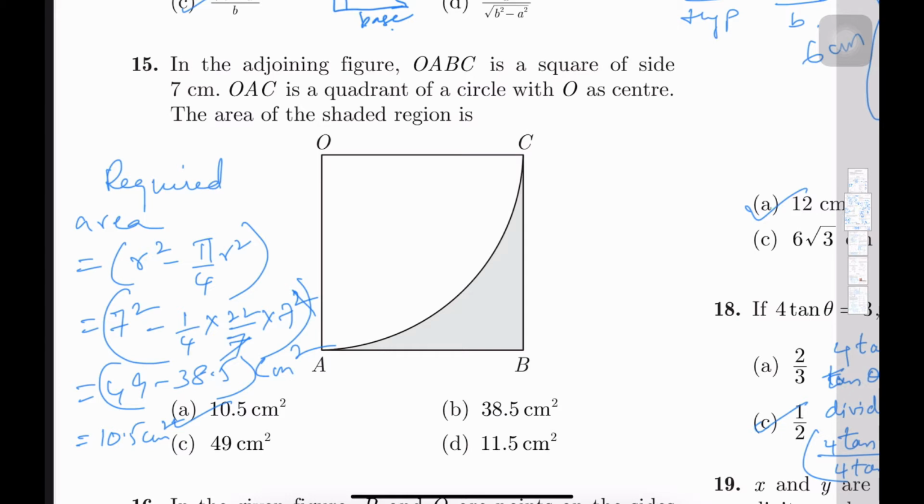So the area of the square minus the area of the quadrant gives you the area of the shaded region. So therefore here you will be getting r square minus pi by 4 r square. So if you solve this, you are getting 10.5 centimeter square. That's the answer. So option A is correct over here.